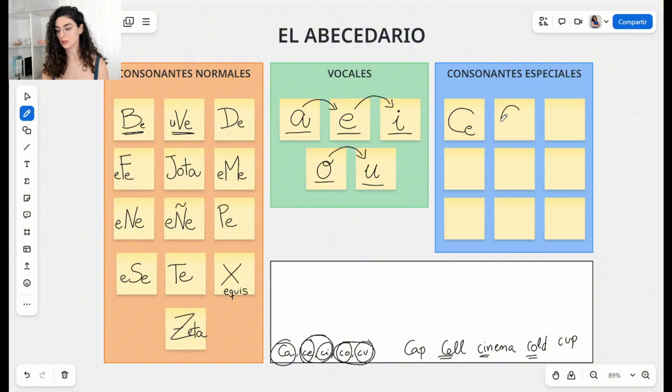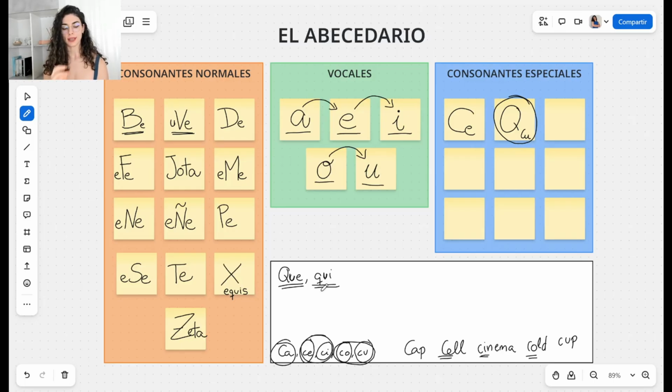That's going to be with letter Q, called ku. So the ke and ki sounds are going to be like this: ke, ki, with the U in the middle. This letter actually is only used for those sounds. You will never see it combined with a, o, or u.